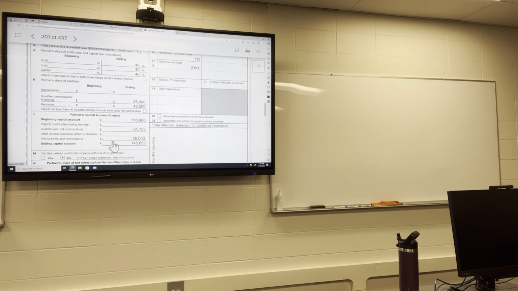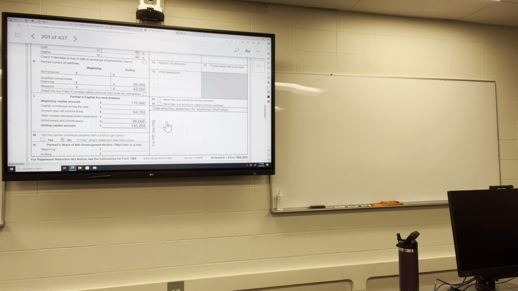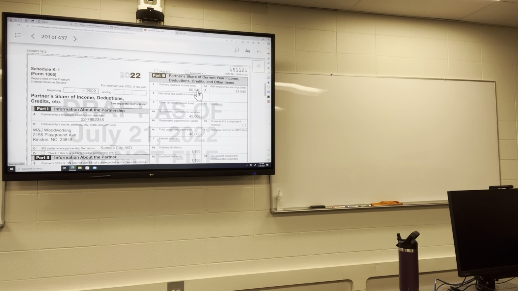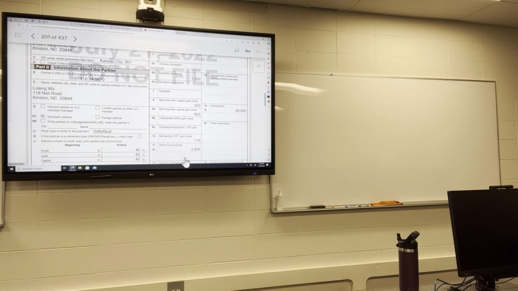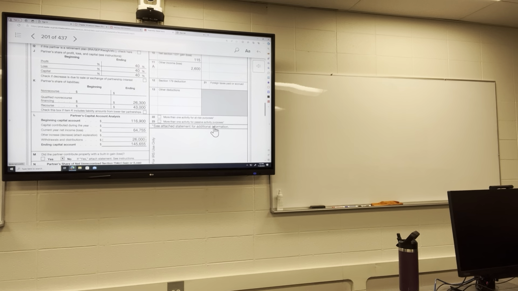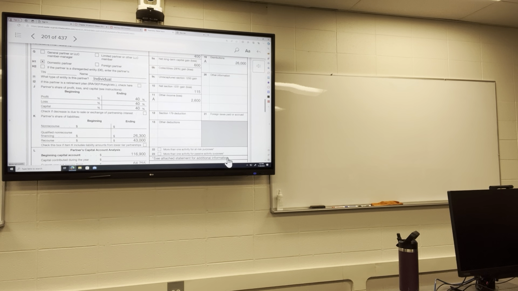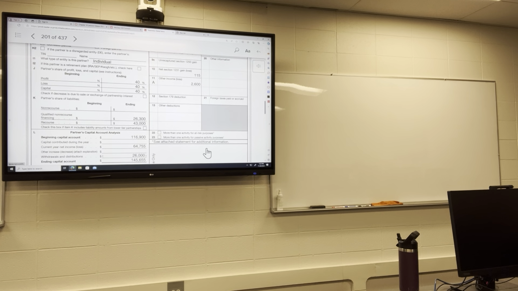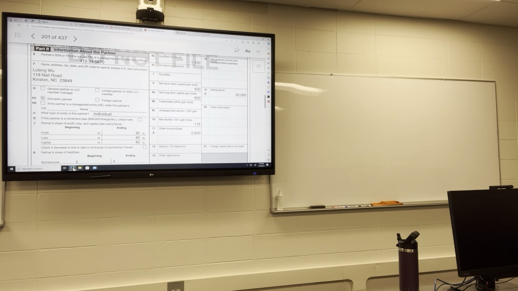So right here. In this case, their capital account is not the same as their basis because they started at 22,000. But you can see their capital account is also adjusted by income, so 64,755, minus the distributions. I don't know why that's 755, 115.